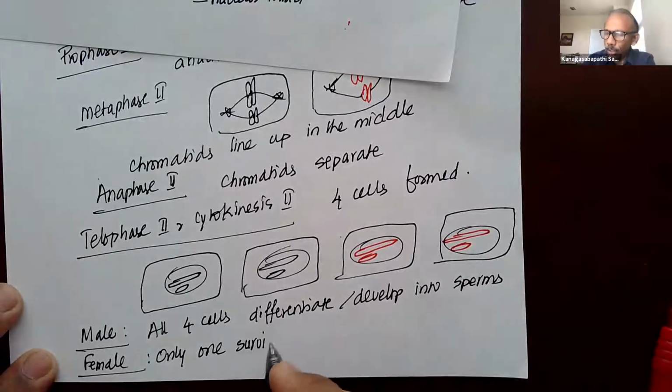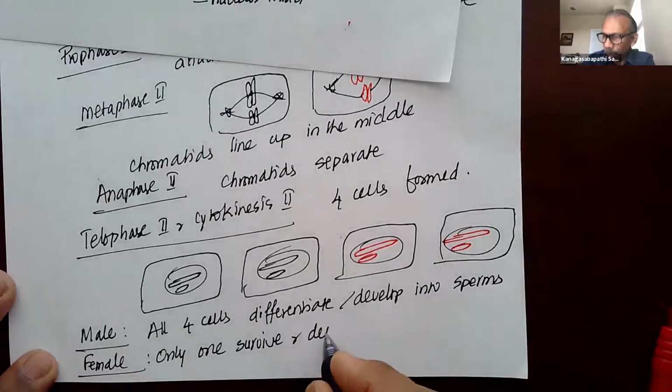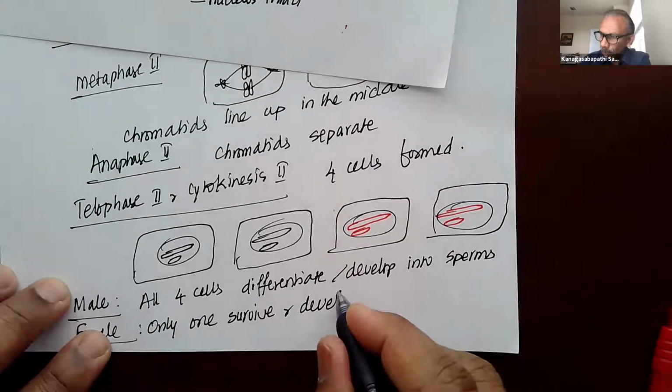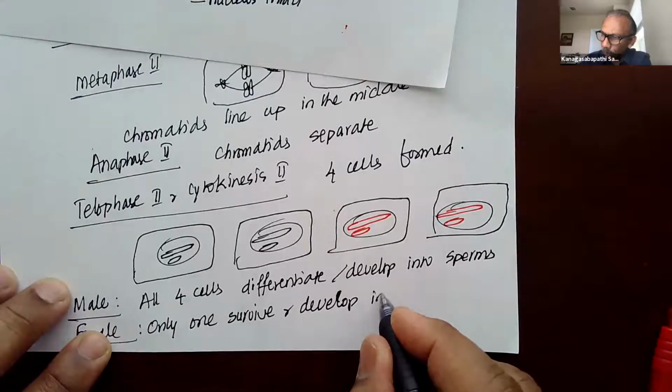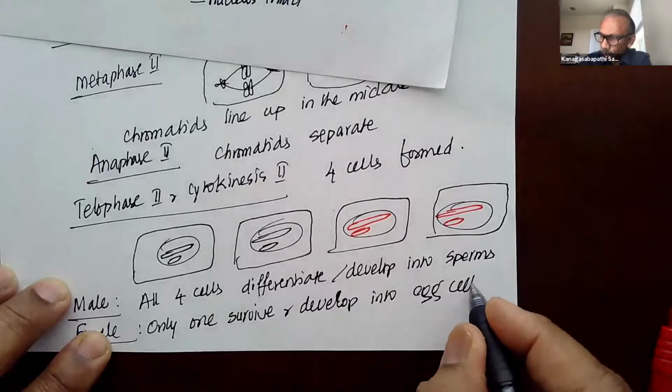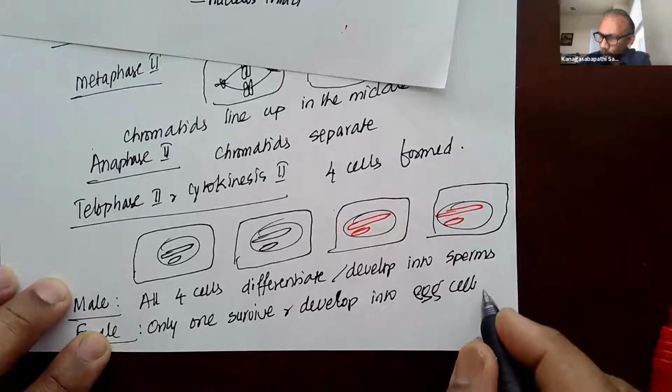When they divide the first time, 1 of them will be degraded and the other will develop into an egg cell. This is once per menstrual cycle.